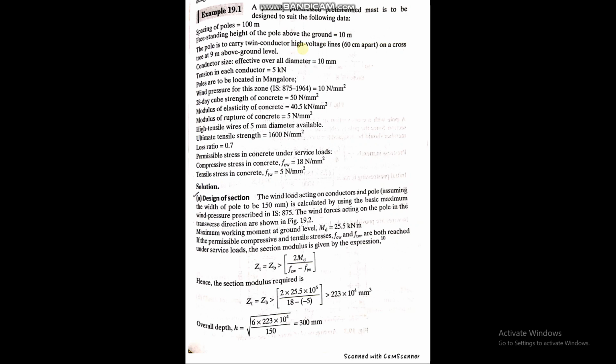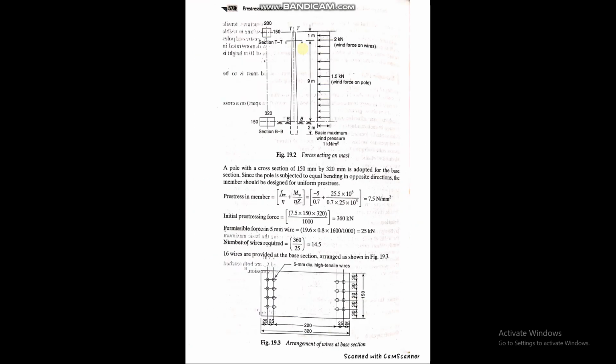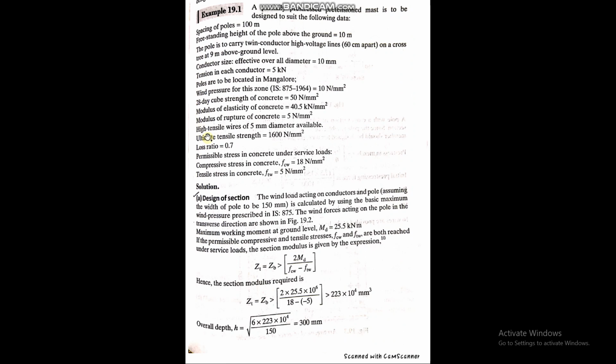Freestanding height of the pole above the ground, that is from ground level to the top of the prestressed pole. You have 10 meter of length, 10 meter of height. The pole is to carry twin conductor high voltage lines 60 centimeter apart on a cross tree at 9 meter above the ground.